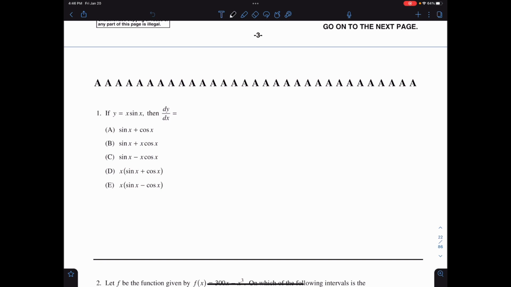The first question says, if y equals x sine of x, then dy/dx is equal to what? Here we want to use the product rule. We say u is equal to x, and v is equal to sine x. So u prime is equal to 1, and v prime is equal to cosine of x.